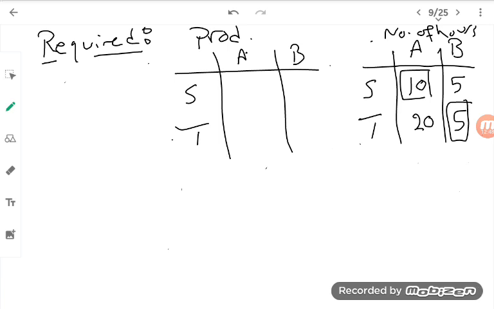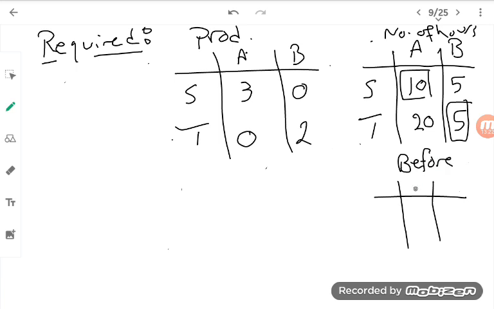They are going to work 30 hours. So they can produce 3 units of soybeans and 0 textile. Country B will specialize in the production of textile. It produces 1 unit in 5 hours. They are going to work for 10 hours. So they can produce 2 units of textile and 0 soybeans. This is production after specialization. Before specialization is going to be 1, 1, 1, 1.